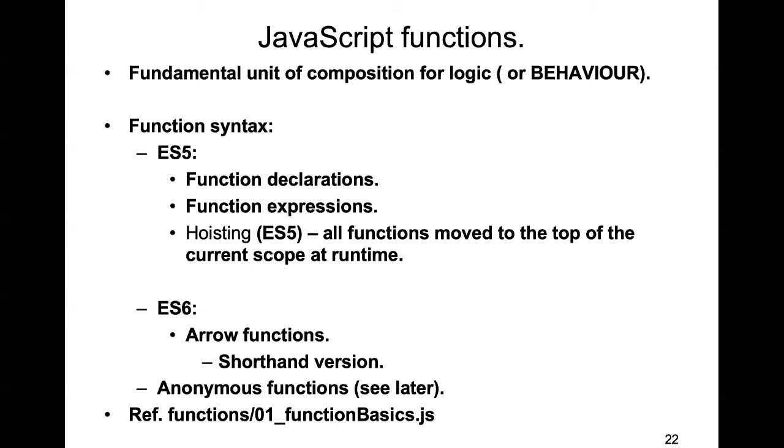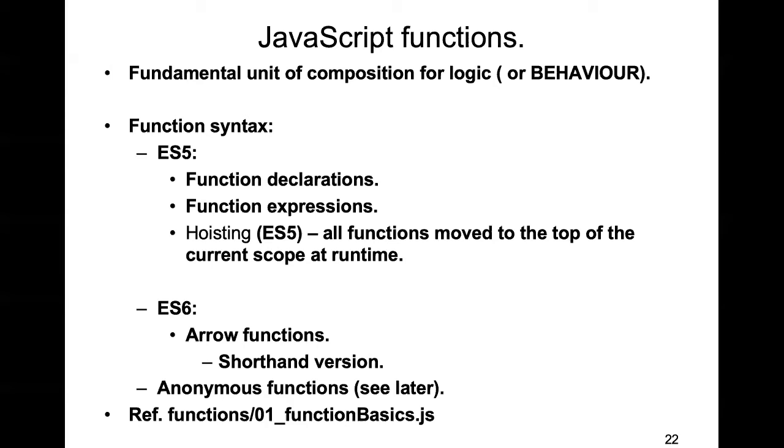Not really too sure why Brendan Eich made it part of the language, but it was there anyway. It's being covered up now, but just to make you aware of it, the idea of hoisting was that within your JavaScript file, you could have a piece of code that invokes a function before the function is declared within the file.